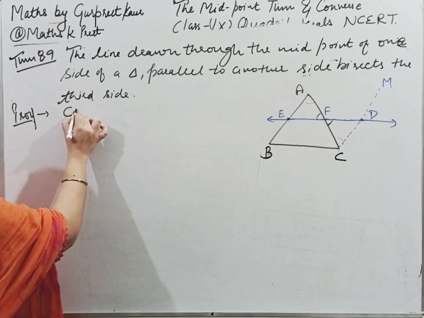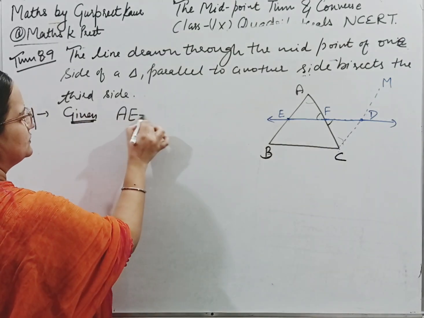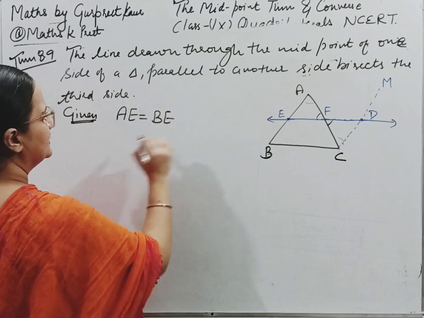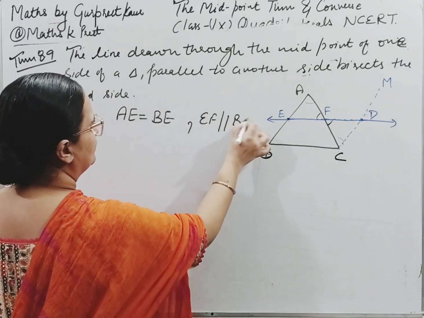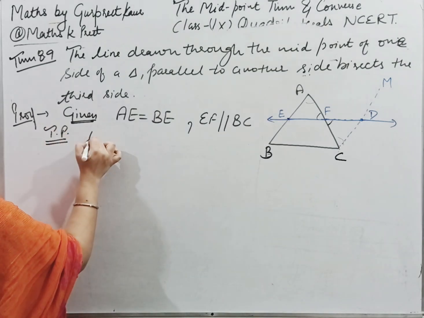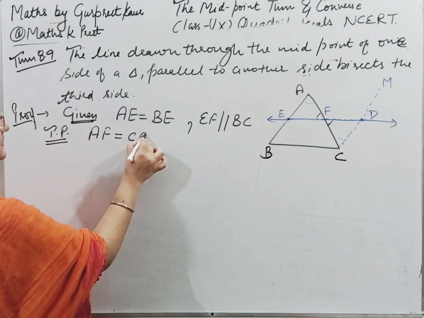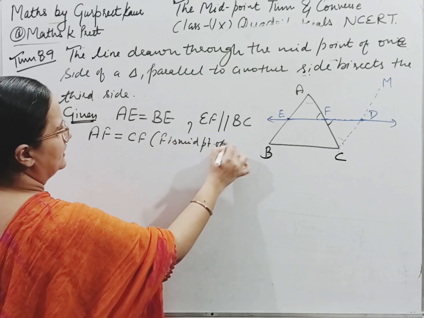So we have given as AE is equals to BE. This is given to us. What else? EF is parallel to BC is also given. To prove that AF is equals to CF, or F is midpoint of AC.